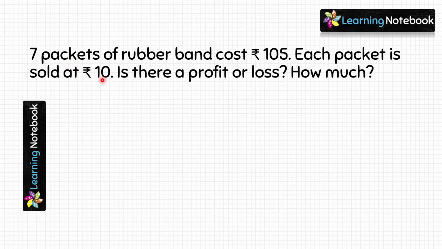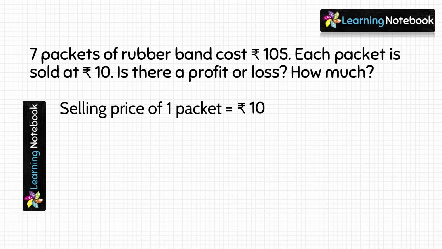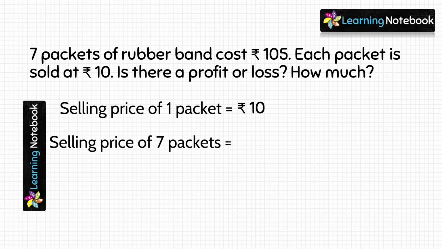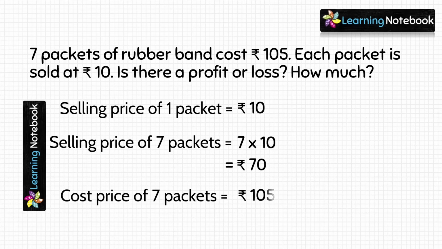So let's see how to solve such a question. Selling price of 1 packet is given as rupees 10. So selling price of 7 packets would be 10 multiplied by 7, which is equals to rupees 70. So we have calculated the selling price of 7 packets.